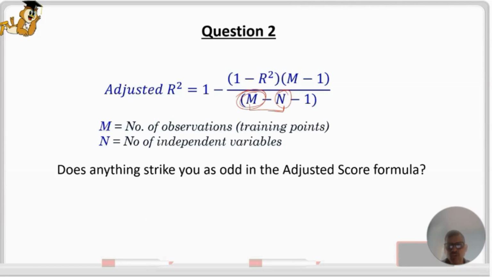In fact, if you put values for some of these variables, if you put the value of m as 1 million and the value of n as, let's say, 22, and then see how n going from 22 to 25 affects the R square score, and then do the same exercise for m being equal to, let's say, 500 instead of a million, you will see that the impact on R square score is not exactly similar.